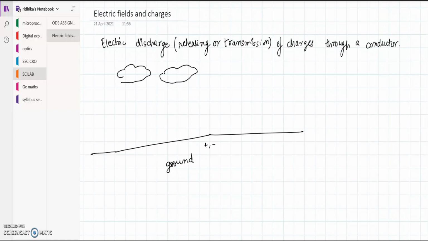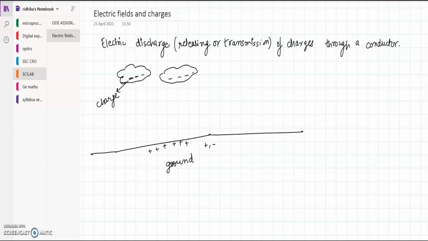Okay, and during lightning the clouds become charged, and suppose that this charge is negative and the ground has a positive charge. So during lightning we know that like charges repel each other and unlike charges attract each other.